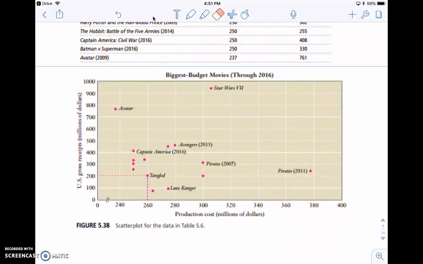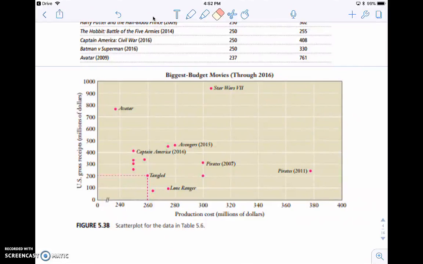And from here, we can look to see if there's any correlation. If there's positive correlation, you would usually be able to find a nice line that comes through at some positive slope that matches up with the data quite well. If there's a negative correlation, you would find some kind of negative line that matches up quite well with the data.